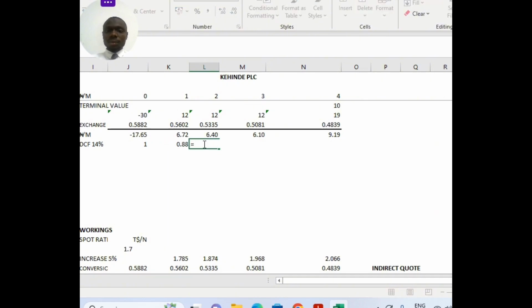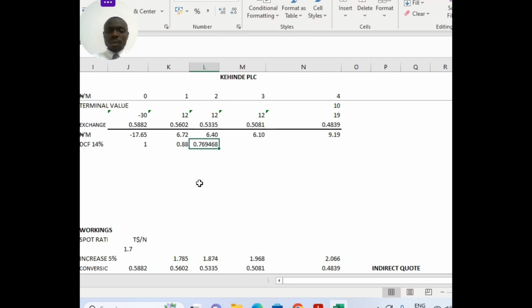So we have equals to 1 divided by open brackets, 1 plus open bracket 1 plus 0.14 close brackets to the power of 2.